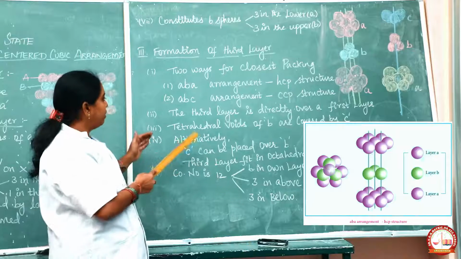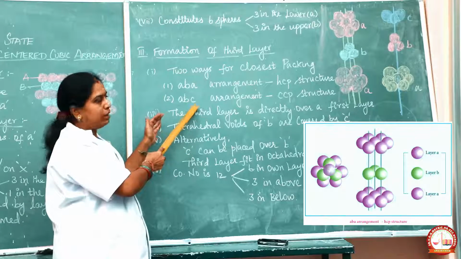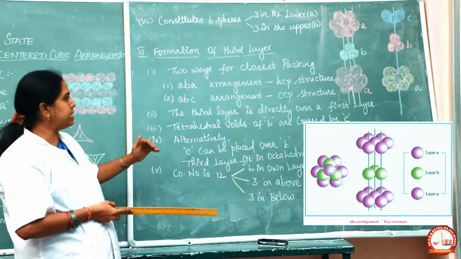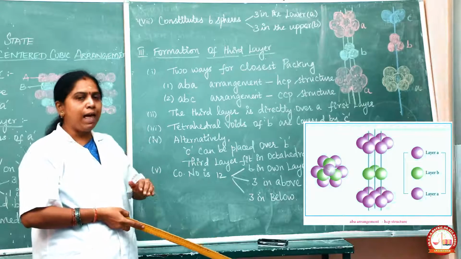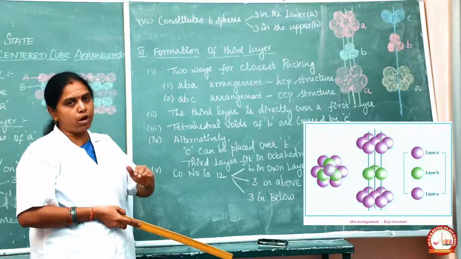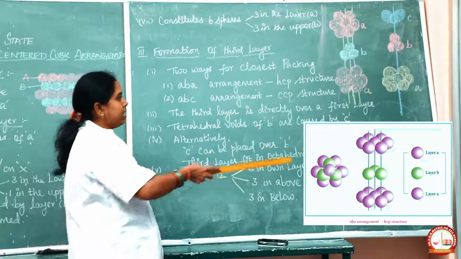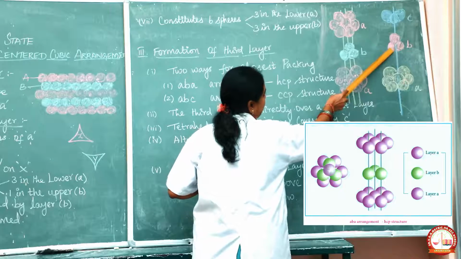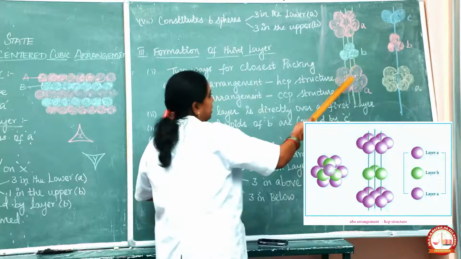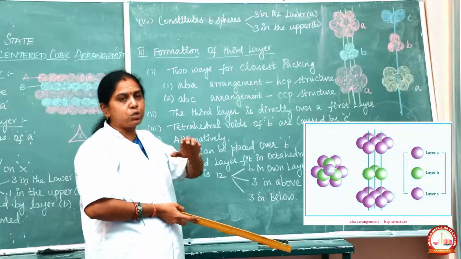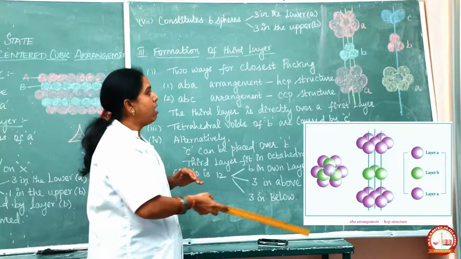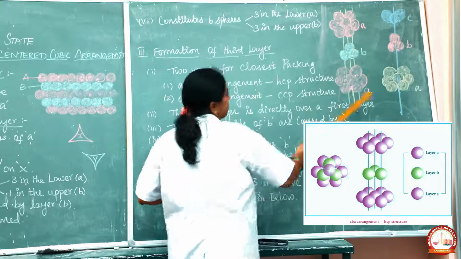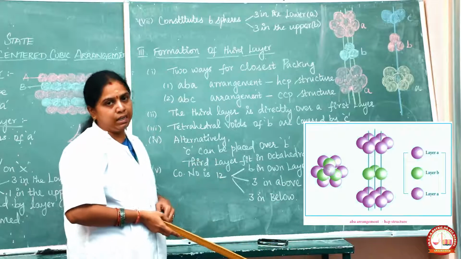Okay, and then the second way of arranging the third layer is ABC arrangement. In this ABC arrangement we have placed the first layer, and we have arranged the second layer on the voids of the first layer. We have placed this first layer as A, the second layer in the depression of the first layer as B, and then we are placing the third layer on the depressions of the second layer in such a way that the octahedral voids of the second layer are covered by the spheres present in the third layer.